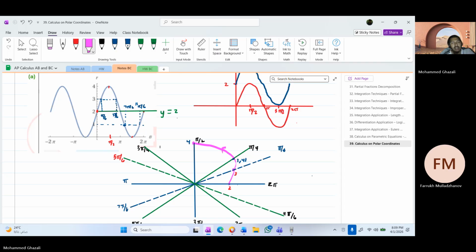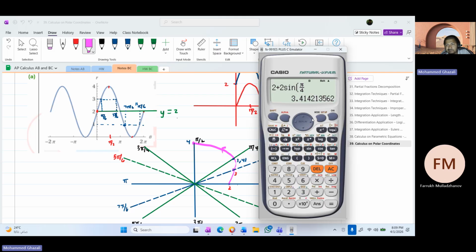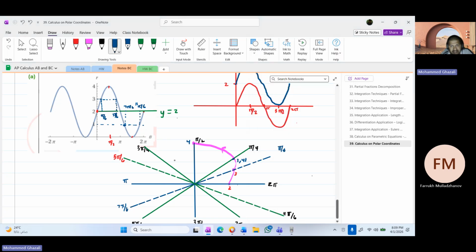Now, let's go to 5 pi by 6. Did we do 5 pi by 6? Now we're going to 3 pi by 4. If we put 3 pi by 4, I'm getting 2 plus root 2 again. So you can see the radius decrease is the same thing. It's 3.41.